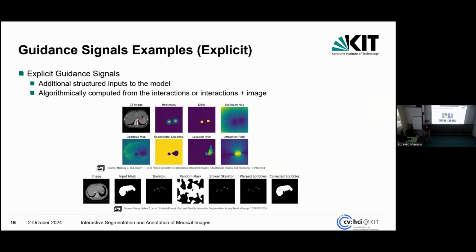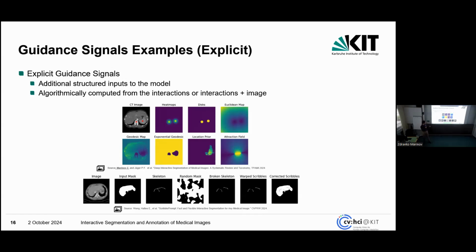There are quite a lot of different ways to implement it. One is to explicitly define an additional input to the model, such as Gaussian heat maps or constant radius disks. You can also define distance transforms, such as Euclidean or geodesic distances, and many more. These are some of the most popular ones, which I've shown on the screen. And then you algorithmically or deterministically compute that from each click.